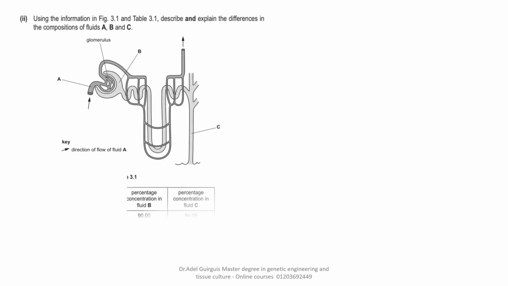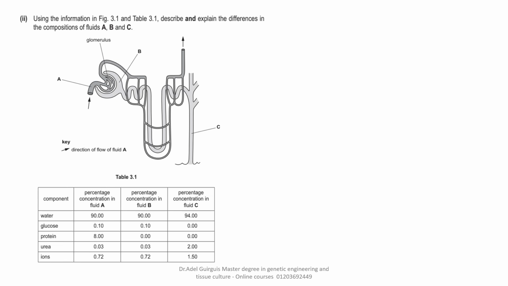Using the information in figure 3.1 and table 3.1, describe and explain the differences in the composition of fluids A, B, and C. When we ask about description, please believe in your eyes, your observations, and then give a sensible explanation of your observations.